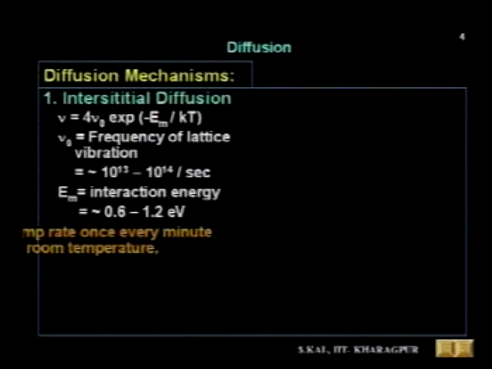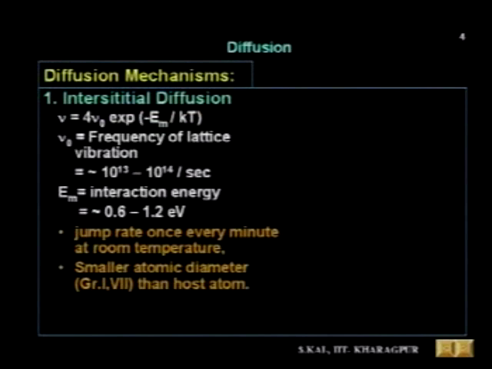Silicon has a diamond crystal structure, and in this diamond crystal structure how the impurity atoms move, that we will see. There are different mechanisms by which the impurity atoms diffuse into the silicon crystal, and those mechanisms we will discuss one by one.